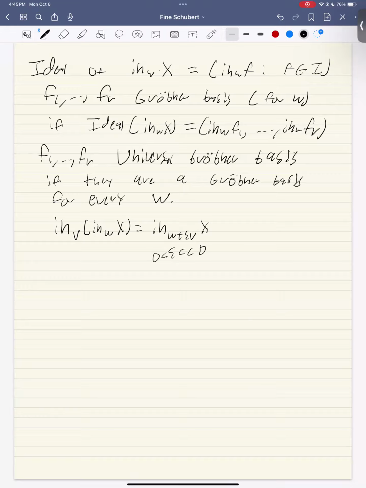And so if you want to understand what happens when you degenerate with respect to W, this fact implies that if you have a Gröbner basis for W plus epsilon V, then it will also be a Gröbner basis for W. And so if you choose V generically, then this W plus epsilon V will be generic. Okay, thanks.